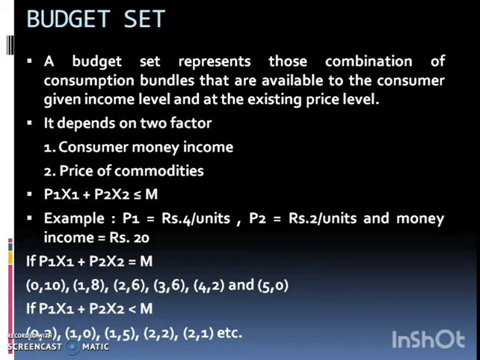So these form the budget set. That is, any combination within the budget set is attainable to the consumer. He can purchase good 1 and good 2 within his income level. That is the budget set.